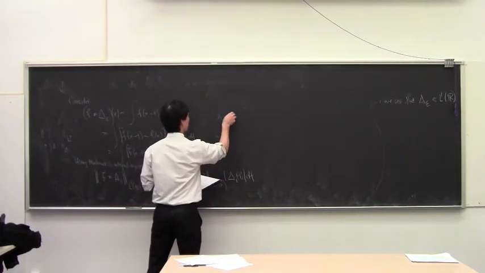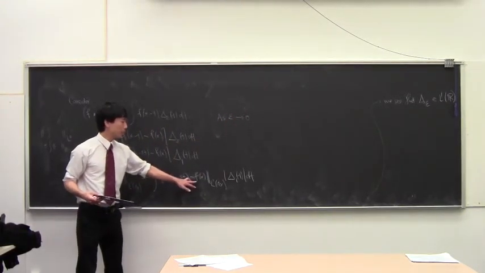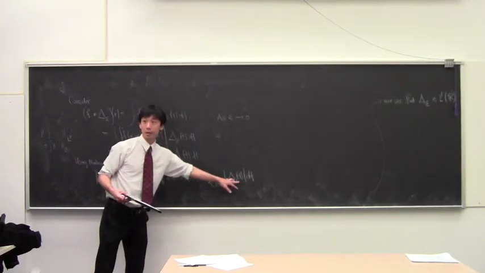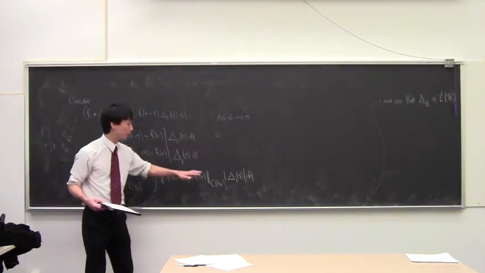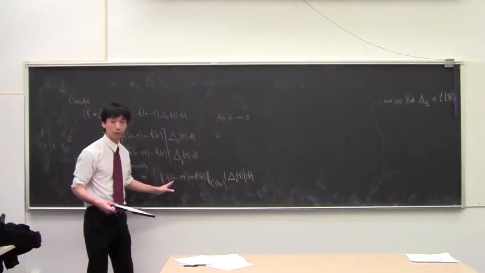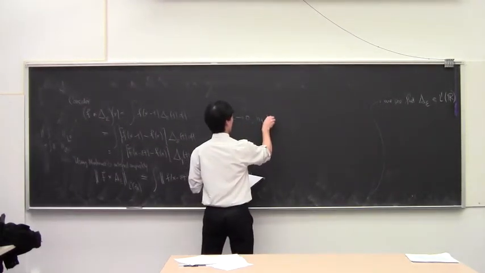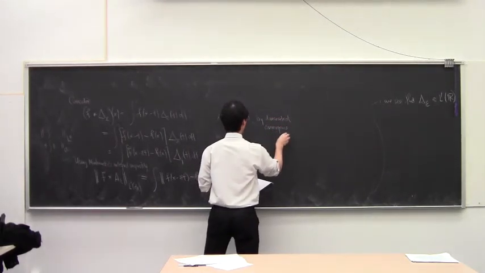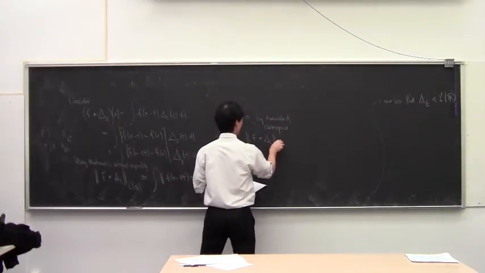As epsilon goes to 0, the L2 norm of this is going to go to 0. We know that these are in L1, and so by dominated convergence, we get the integral of 0, which is 0. So this thing's L2 norm goes to 0.